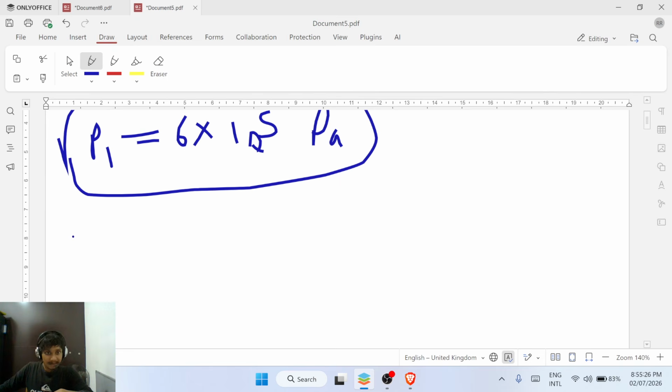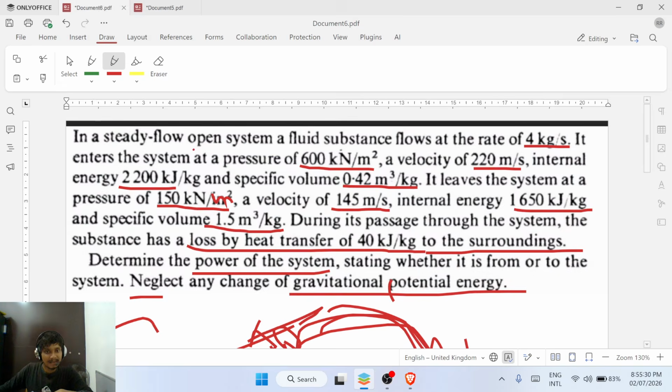What is the initial velocity? The initial velocity is 220 m s^-1. Here the fluid flows at the rate of 4 kilogram per second.